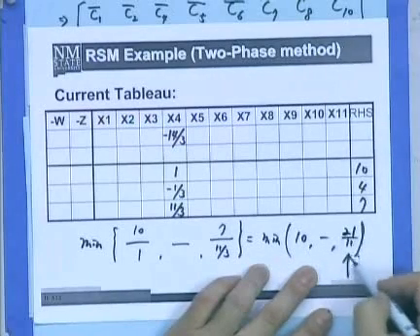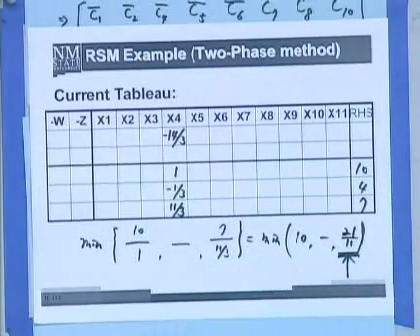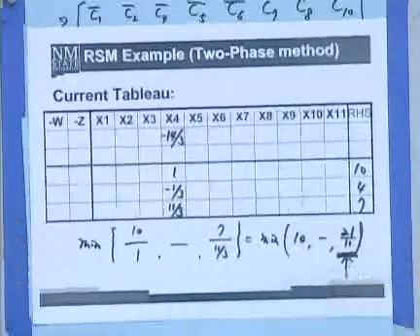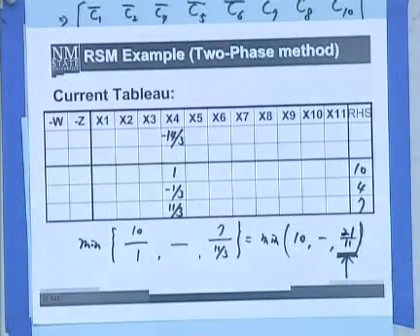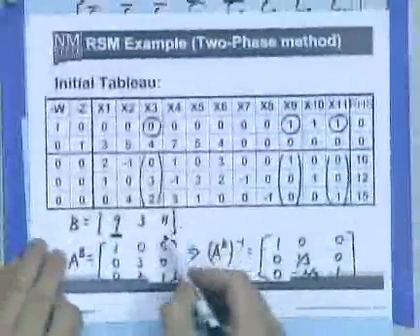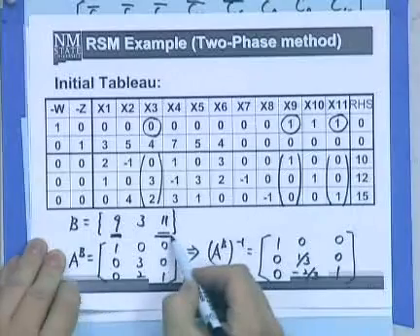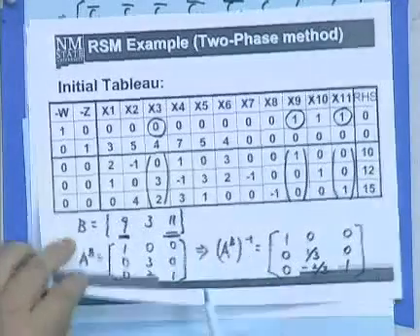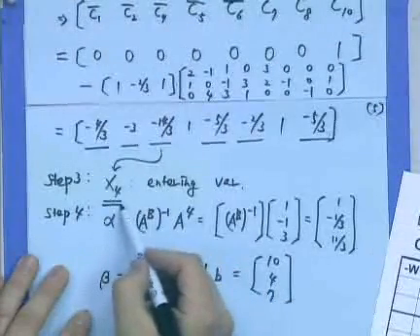So this should be the minimum value, the third one. Because the third ratio is minimum, the third basic variable, which is x11, is replaced by the entering variable, which is x4. Okay?